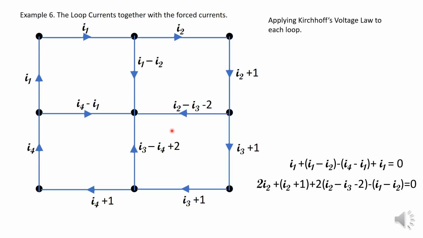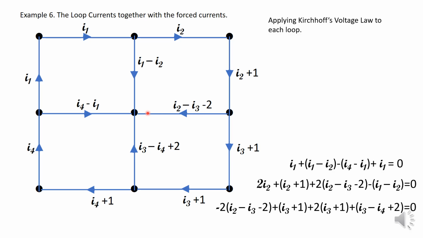And then for this loop, again, we will look at the voltage drops around this cycle. Remember, the resistance here is 2, resistance here is 2. So this gives us, okay, I'm going along this branch first.